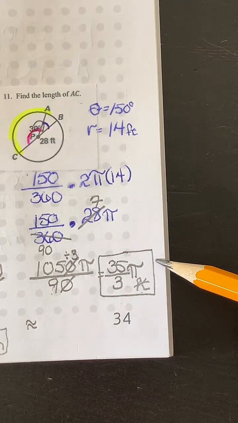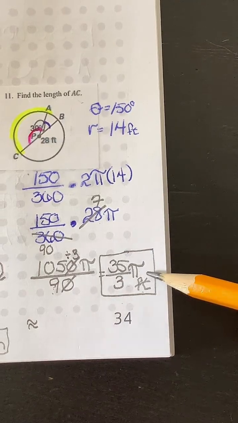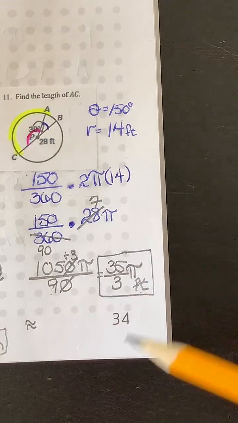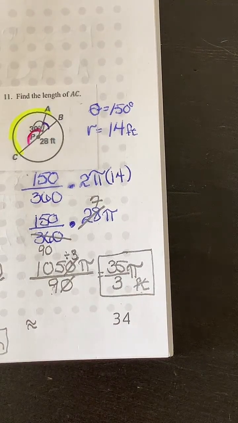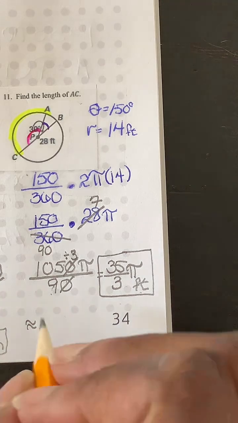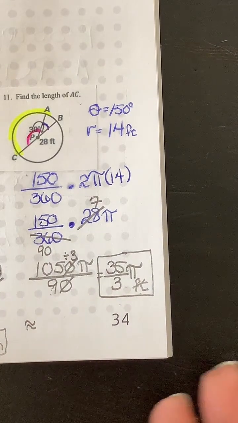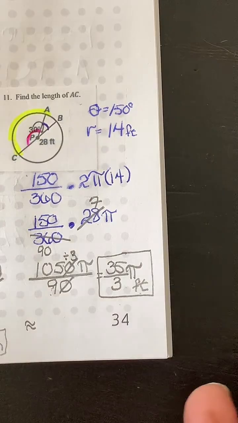If they say give us our exact answer, this is your answer right here. But if they say approximate, you're going to do your 35 pi, then divide that by 3, and round. They'll tell you approximately, and they'll tell you where to round it.